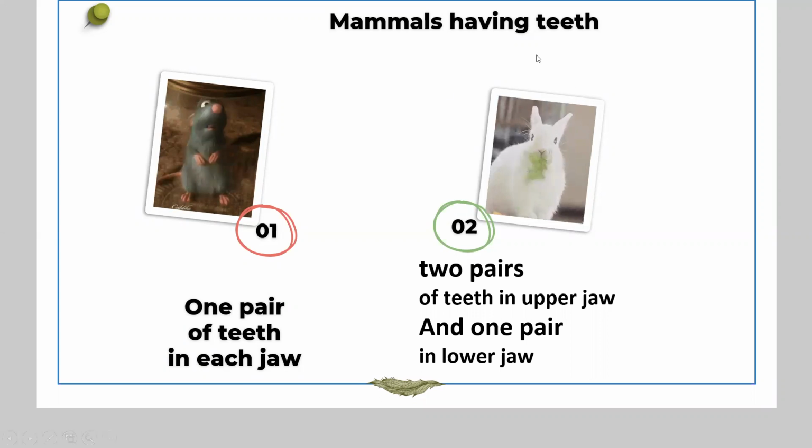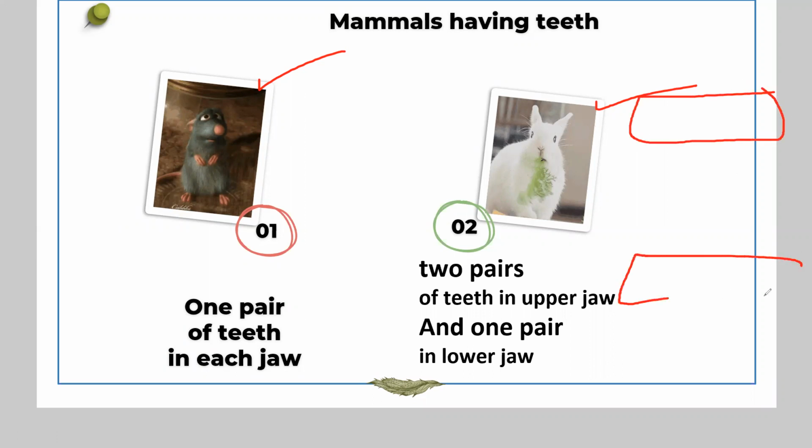So what is the difference between a rodent and lagomorphs? The rodent has one pair of teeth in the upper and lower jaw. In the upper jaw it has one pair of teeth, and in the lower jaw it has one pair of teeth. While here in the lagomorphs, this is the upper jaw and this one is the lower jaw.